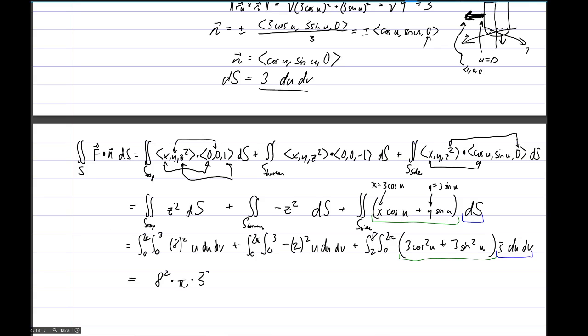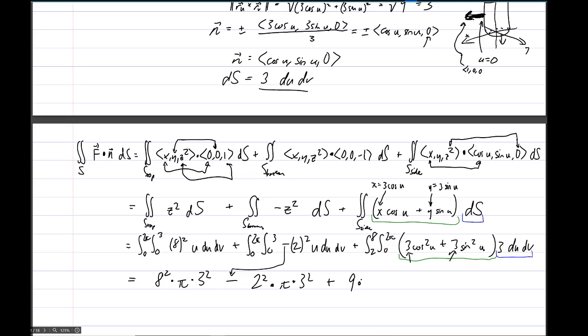You can work out some of the details there. We're just speeding things up a little bit. Copy the minus sign first here, and in the same way, we're going to have 2 squared times pi times 3 squared. And then for the last term, well, look, if you factor out the 3 here and here, you end up with a 9, right? Cosine squared u plus sine squared u is just going to simplify to 1 anyway.